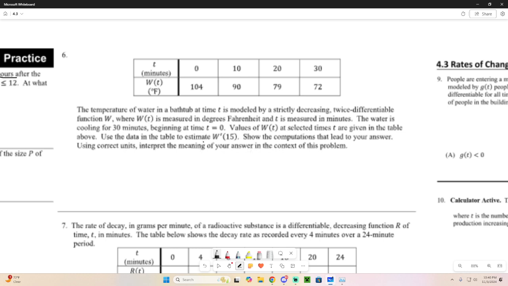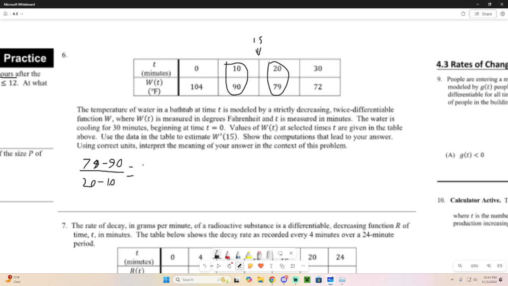Alright, so first let's do the first question, which is use the data in the table to estimate W prime of 15. So 15 would be about right here. We can just use 2 points around it and find the slope between those to estimate the instantaneous rate at 15. So I'm going to use this point and this point, which is right around 15. y2 minus y1 is 79 minus 90 over 20 minus 10.